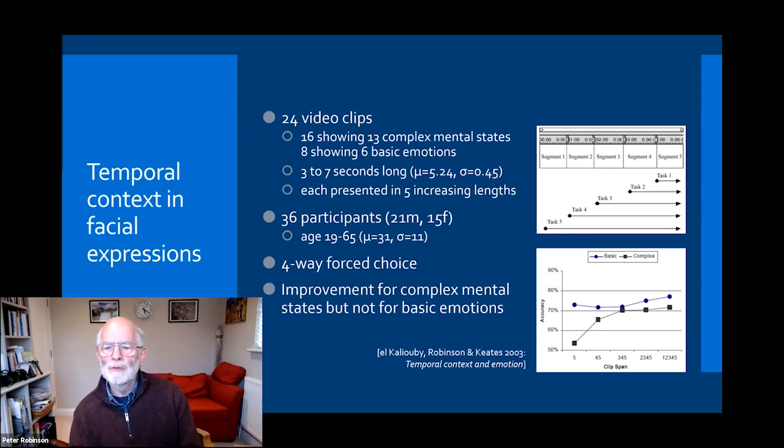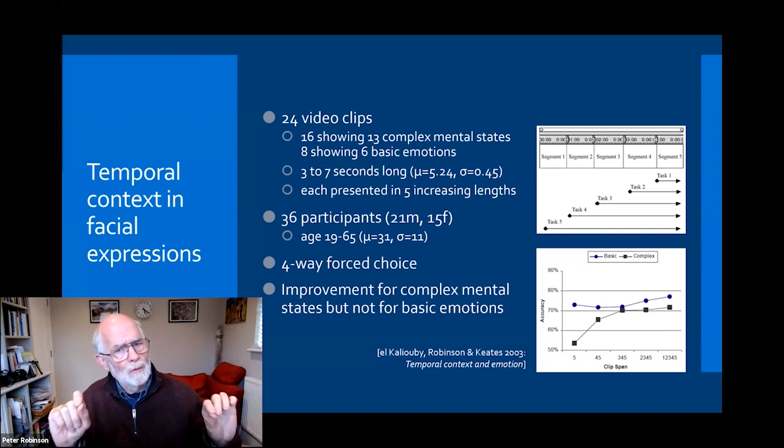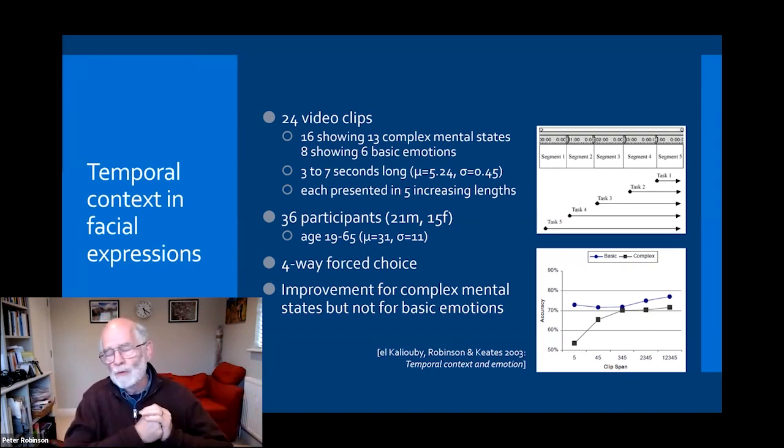a forced choice. And the graph at the lower right shows you what happens with the basic emotions. The recognition rate on a forced 4-way choice is about 3 in 4, pretty well consistently, no matter how long you show the video. In other words, you can recognize basic emotions from still pictures.